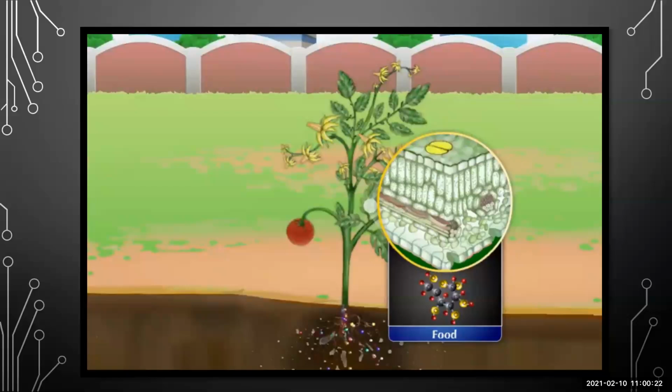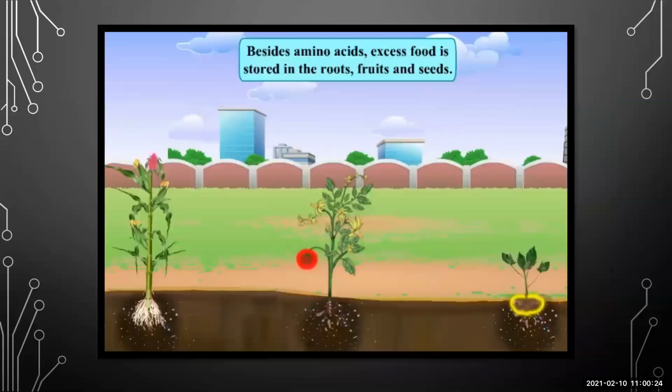Now, where does the excess food which is not required by the plant body go? Whatever is required is taken up by the plant body, but the larger amount which is not required is stored. Excess food except amino acids is stored in roots, fruits and seeds.